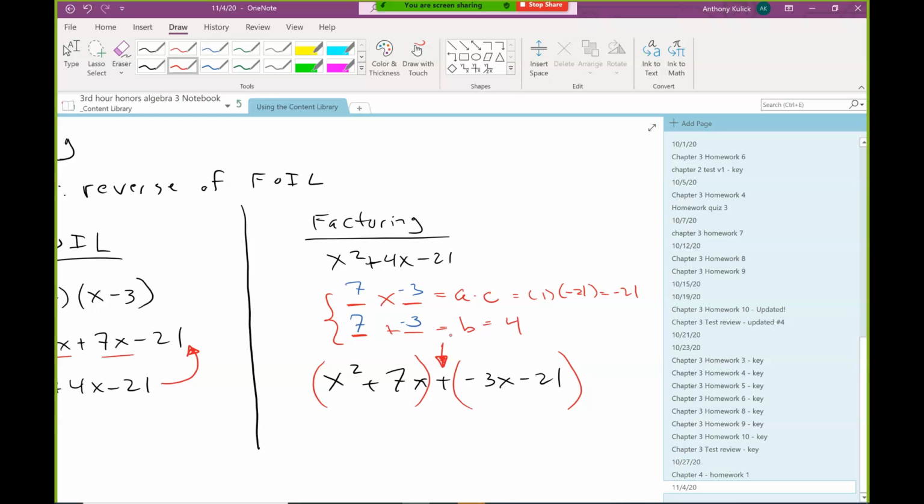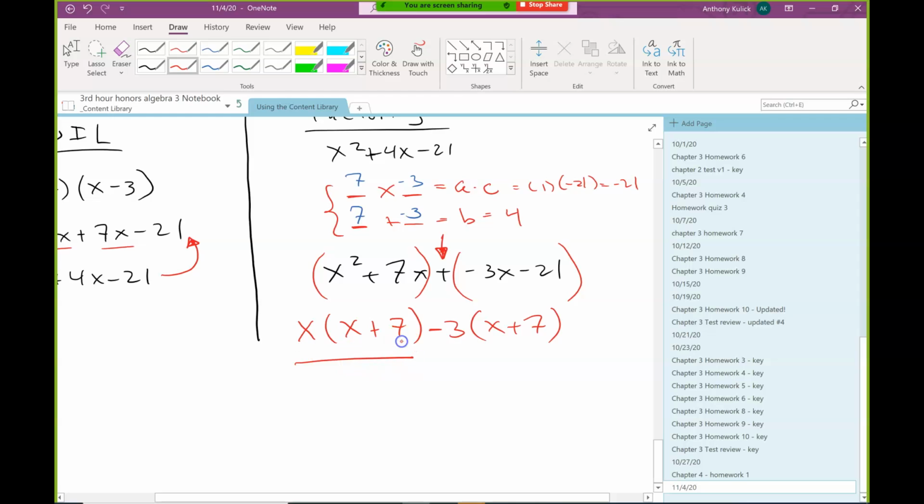So from the first group, I can take out a greatest common factor of x. From the second group, I can take out a greatest common factor of negative 3. Is everybody okay here? Now, if I look at this as one thing, and this as one thing, I'm going to look for another greatest common factor.